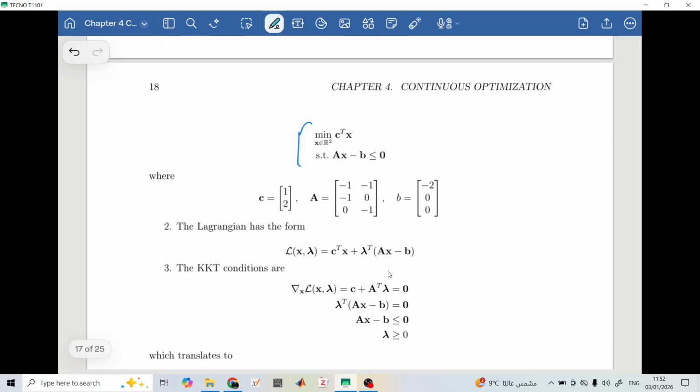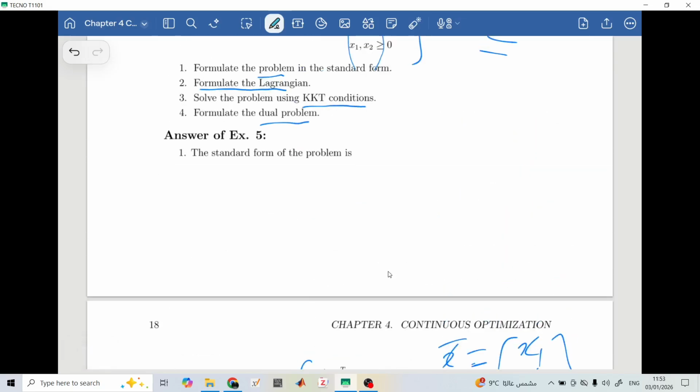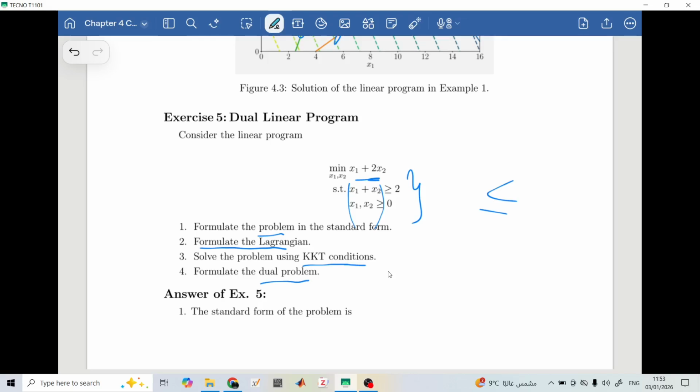We need to find c, A and b. Of course, x is x1, x2 as a column vector. c is the multipliers of x1 and x2, so it's 1 and 2.